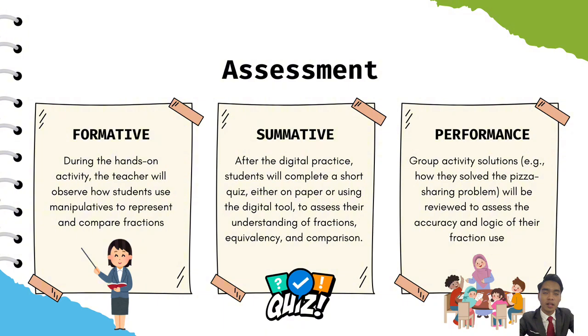For the assessment, there are 3 types of assessment that teachers can use. First, the formative: during the hands-on activity, teachers can observe and assess the students' understanding of the mathematical concept. Second is summative, where teachers can assess their understanding by doing the online quiz.